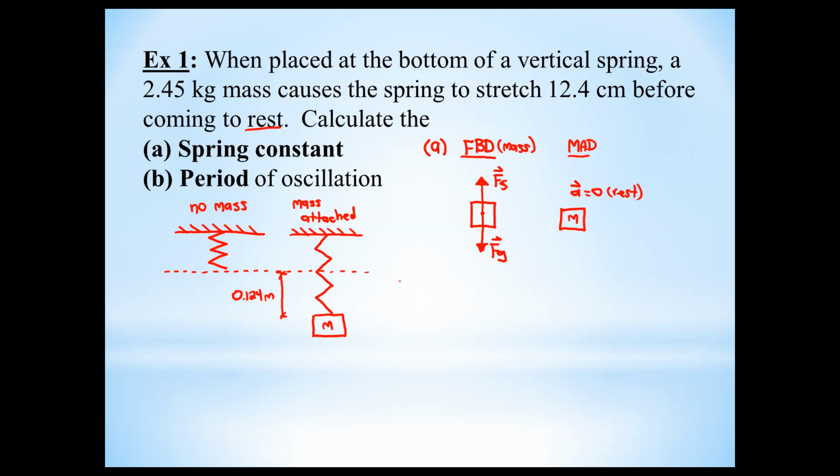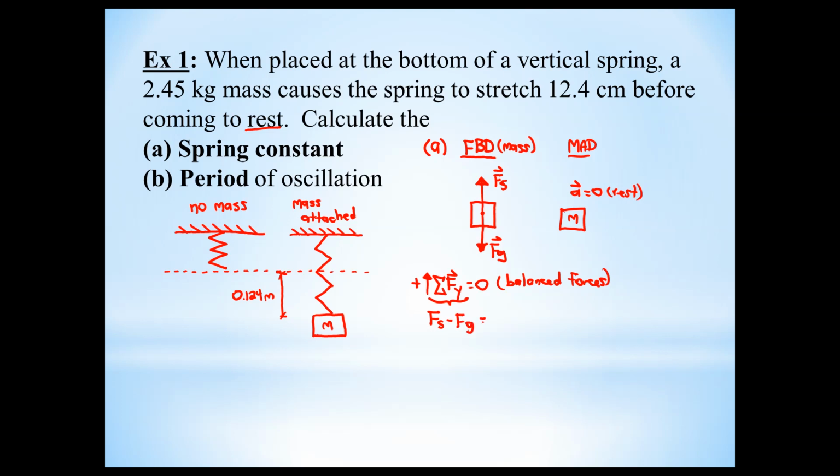So let's write down our equation of motion. So if we look at the sum of the forces in the vertical direction, this would just be equal to 0, and it's equal to 0 because the forces are balanced. Expanding the equation of motion would turn into, well, Fs is up, therefore it's positive. Fg is down, it's negative.